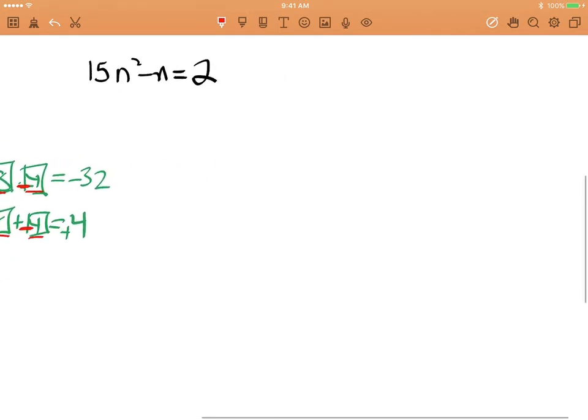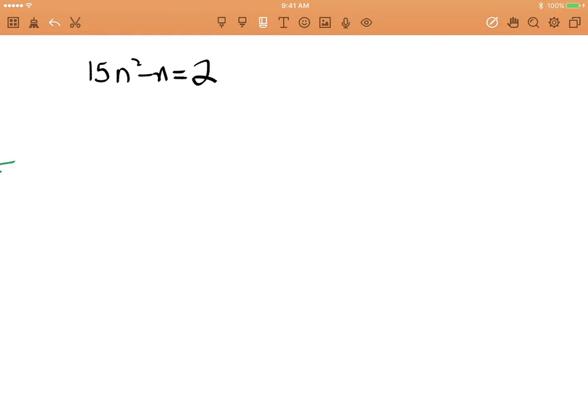Let's look at this one over here. First of all, let's solve this so that it equals 0. So 15n squared minus n minus 2 equals 0. I just subtracted the 2 from each side, minus 2 here, minus 2 here.